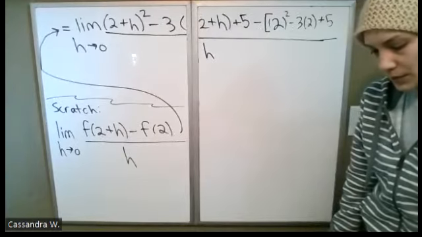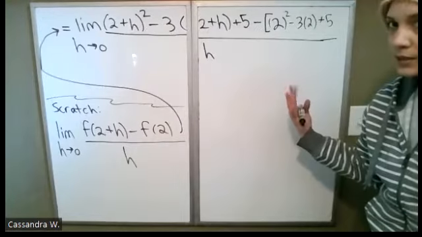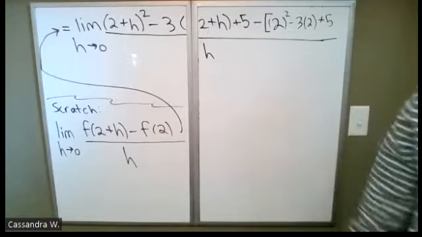All right, so I'm going to just expand everything, have numbers cancel, and then simplify what's left over.